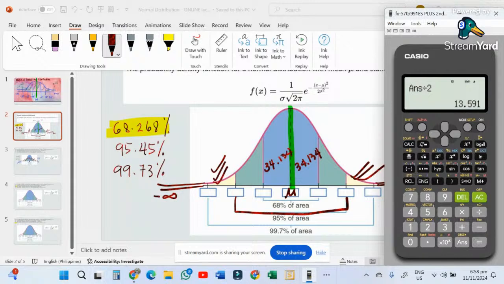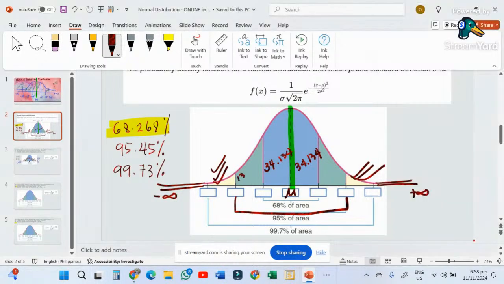So it's 13.591, and you had seen those values when I showed you the normal curve the first time, right? So this is 13.591. These are all in percentages.